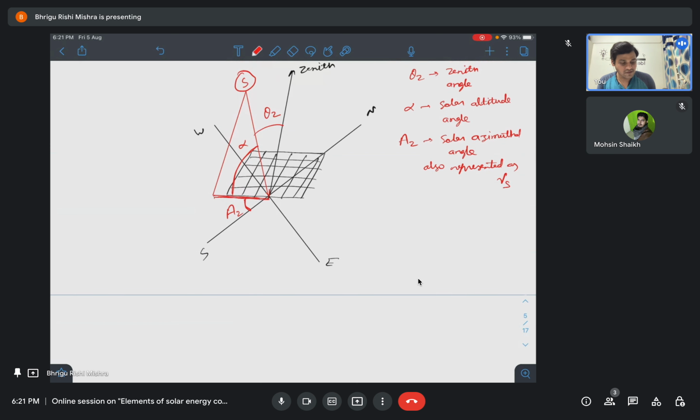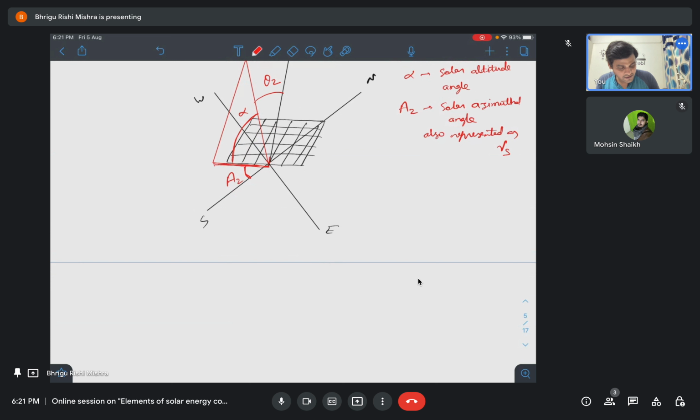There are some sign conventions. Theta z is positive if it is measured in the east, and negative if it is measured in the west.